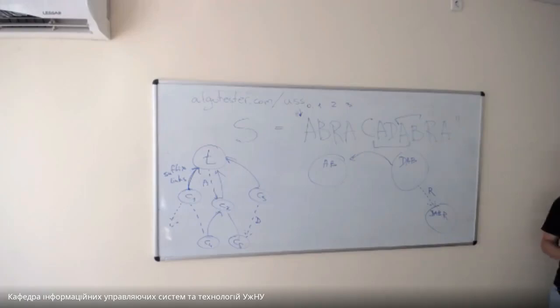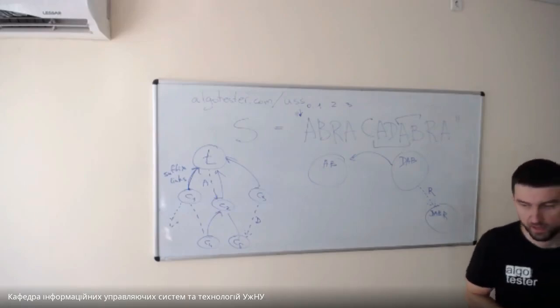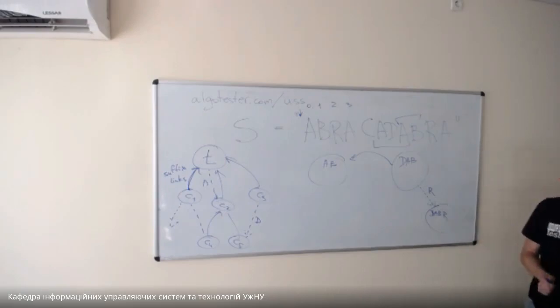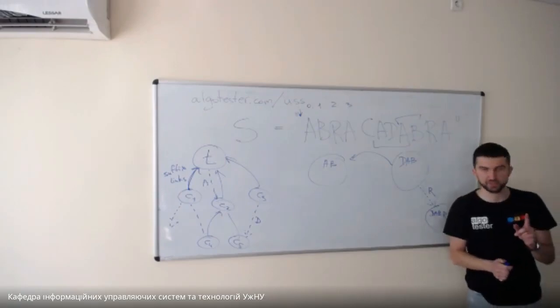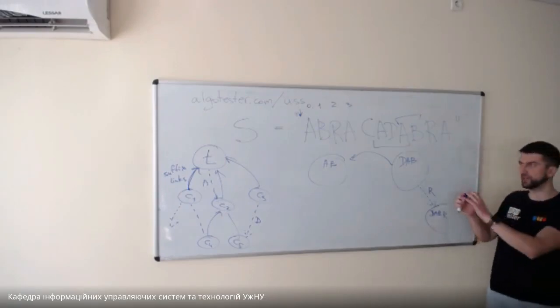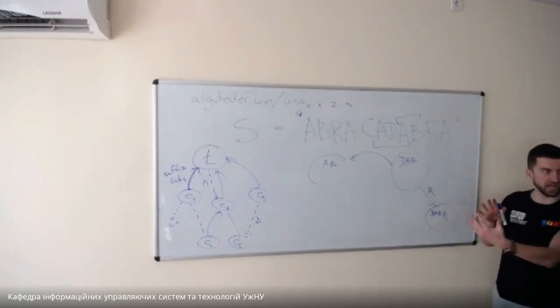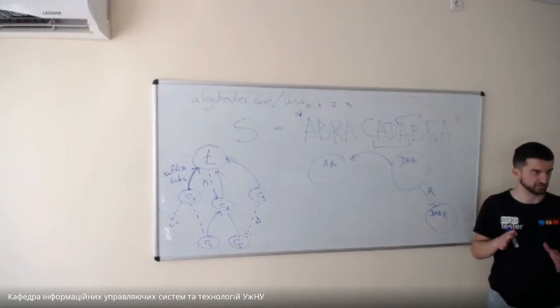Question. Yeah. The number of edges is linear. Well, like I said, by the way, it's important that here we assume that the size of the alphabet is a constant.